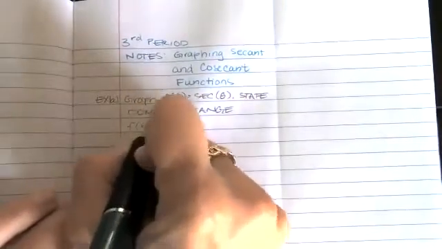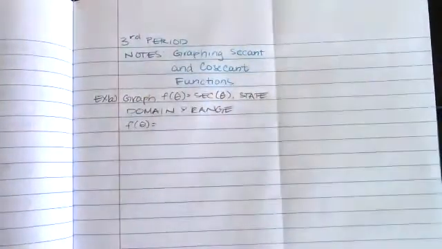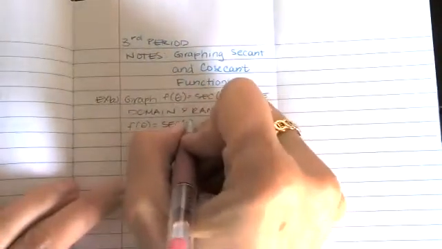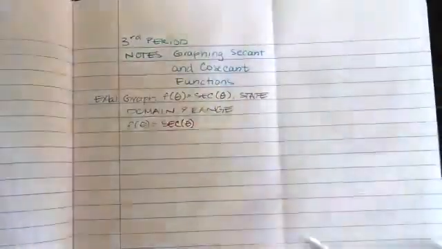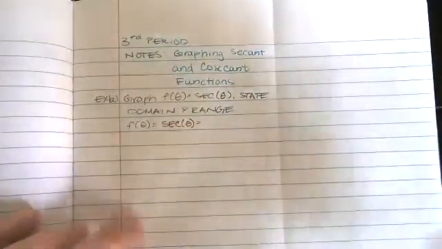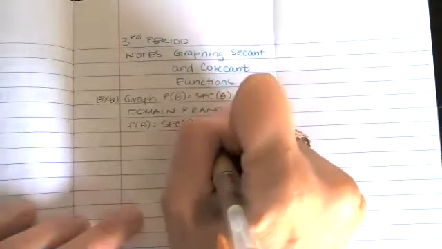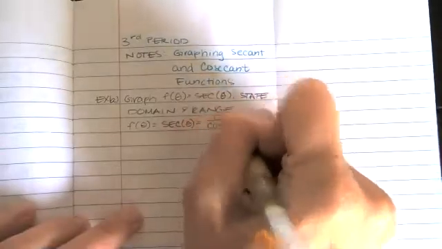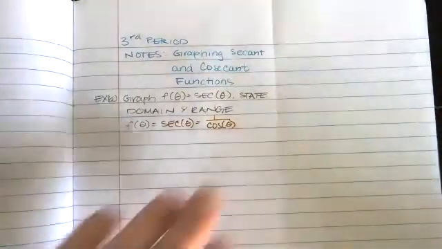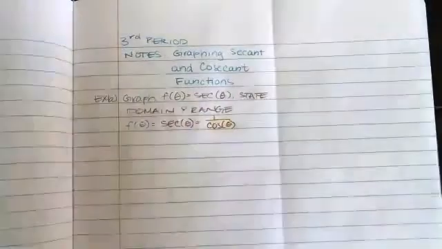So we've got f of theta equals the secant of theta, and that happens to be 1 over the cosine of theta. So all of the information that we've been using to graph the sine and to graph the cosine is still going to be valid here.